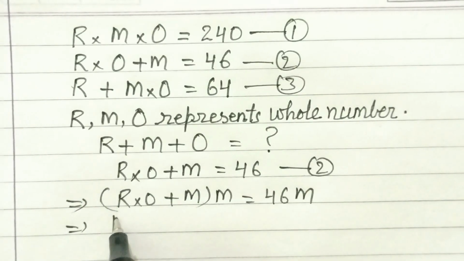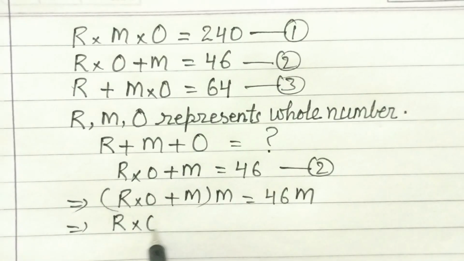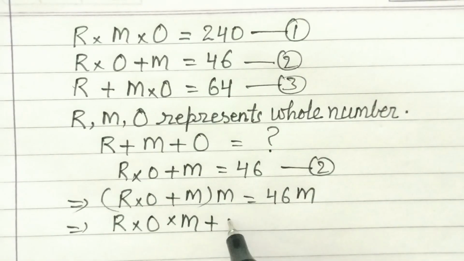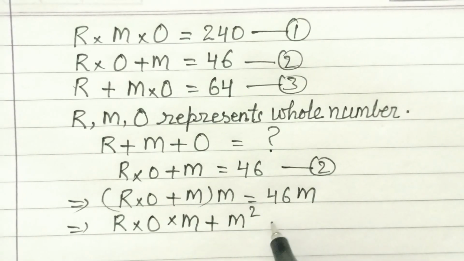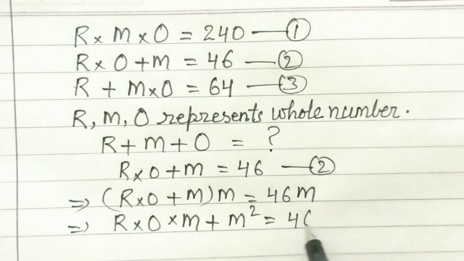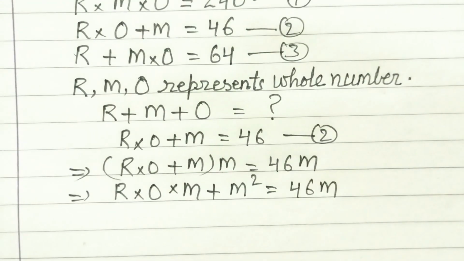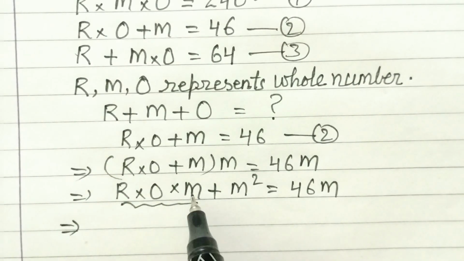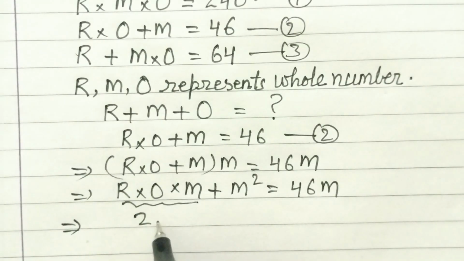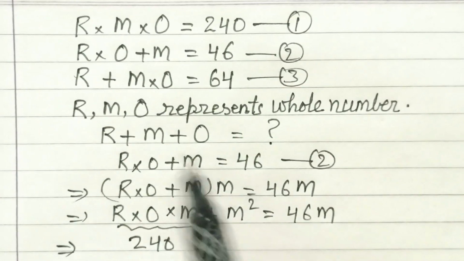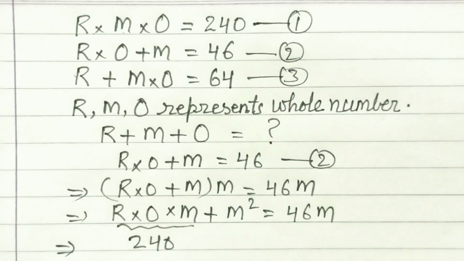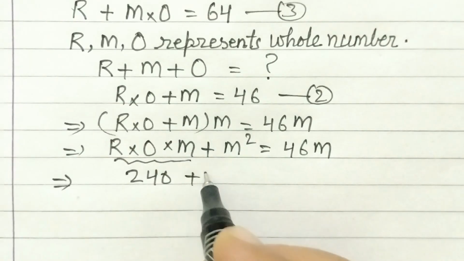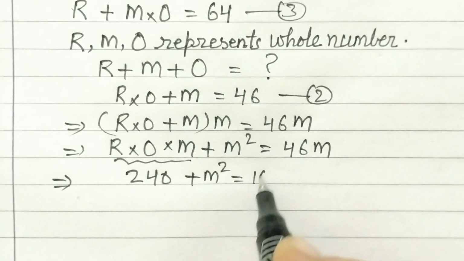So R times O times M plus M square is equal to 46M. In place of R times O times M, we can write 240, because R times M times O is equal to 240.